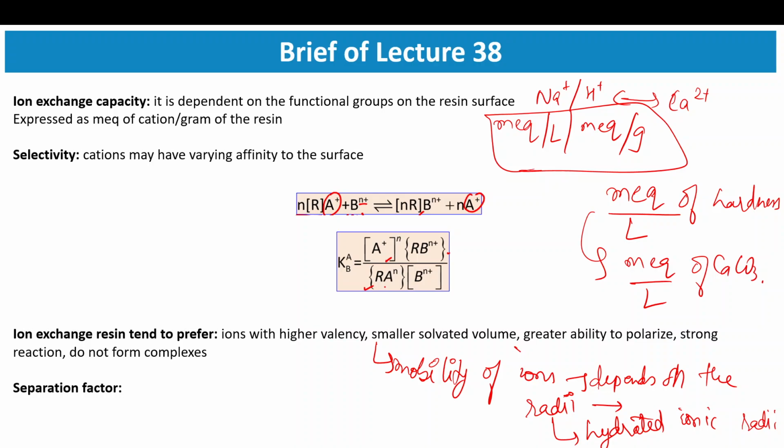The smaller the hydrated ionic radii, the smaller the dimensions of ions, which will cause faster mobility, and faster exchange might be possible. The ones which reach faster will tend to be exchanged faster.